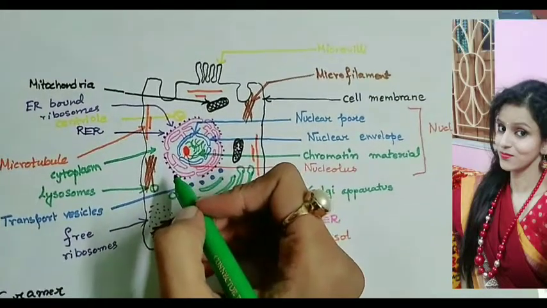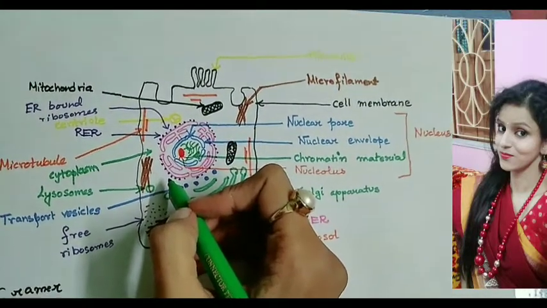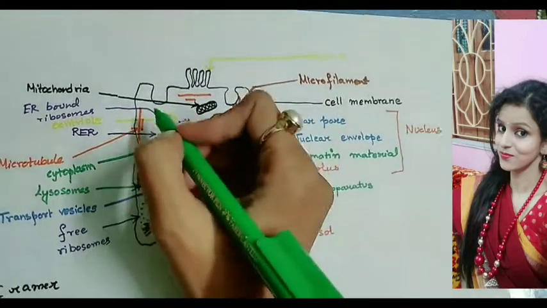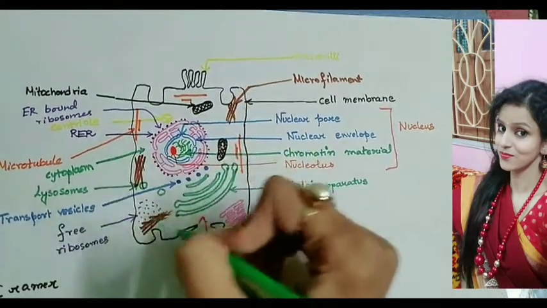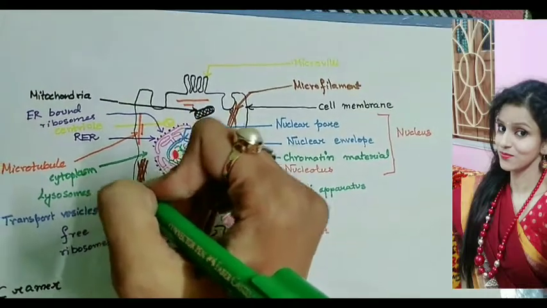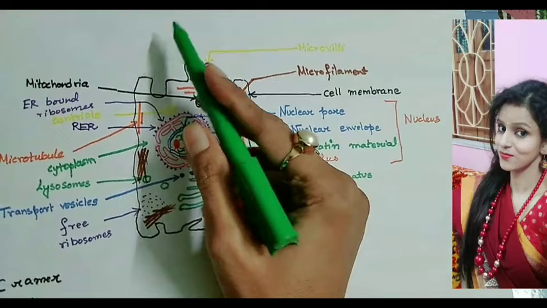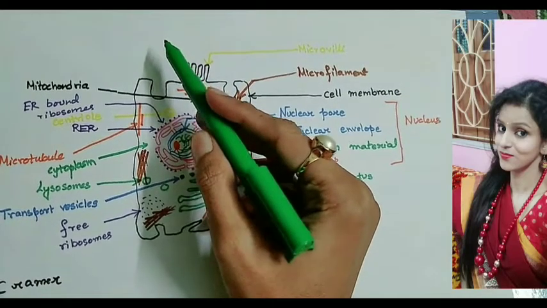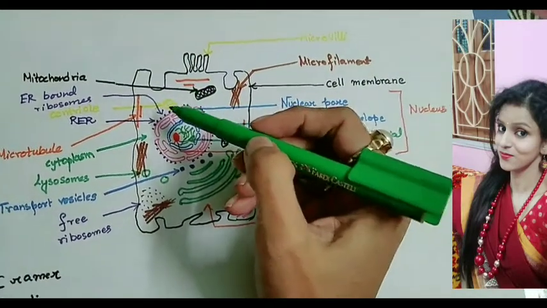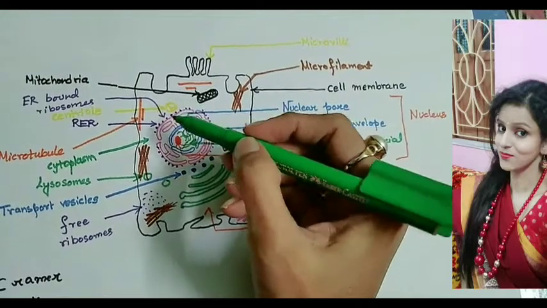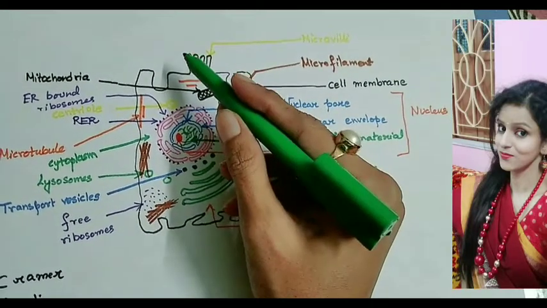Suppose any chemicals are produced inside the cell which are needed outside the cell. Any chemical is produced inside the cell and it has to be sent outside the cell. So this chemical is first of all released, and these are actually packed inside a sac-like structure.